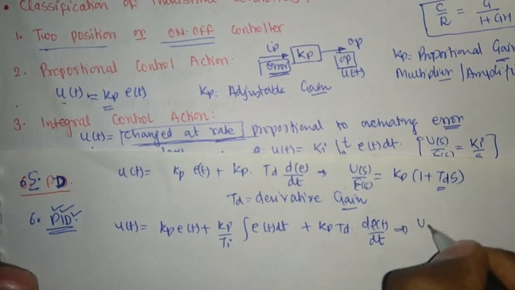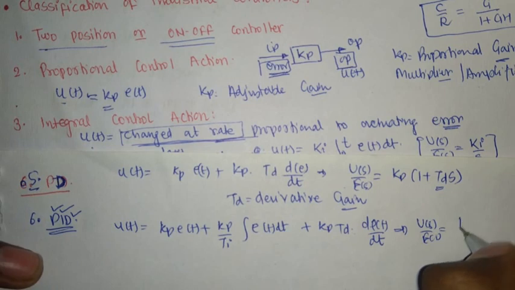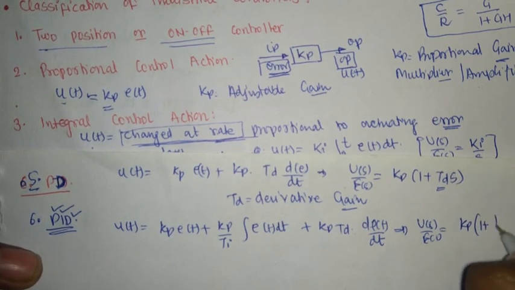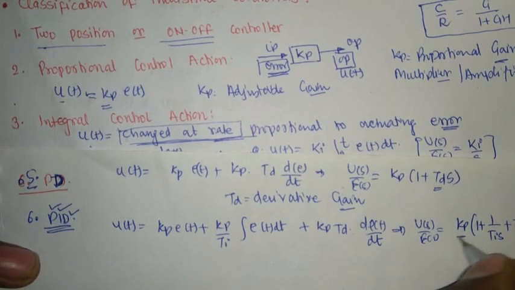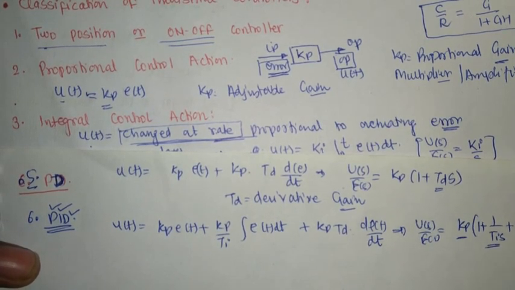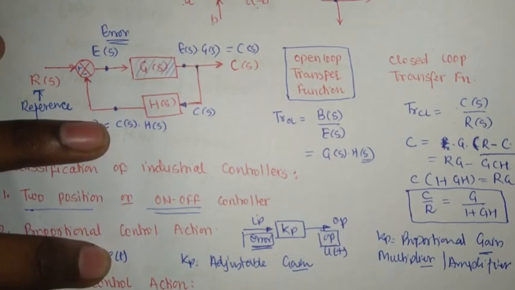And that will be giving me U(s)/E(s) equal to nothing but Kp, which becomes constant, into (1 + 1/(Ti s) + Td s), and we already know Kp is our proportional gain, then integral gain, and derivative gain. Okay, so that is all about the controllers that we can have in the industry, usually based upon control systems.